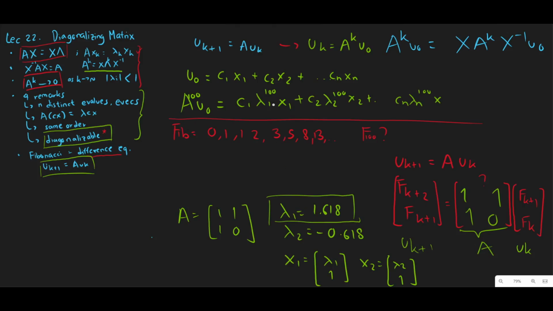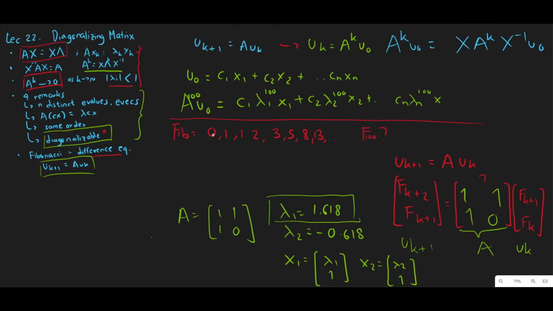Instead, this other one will bring the system to 0 eventually, because remember from the previous part that an absolute value of lambda less than 1 will bring the system to stability, right?